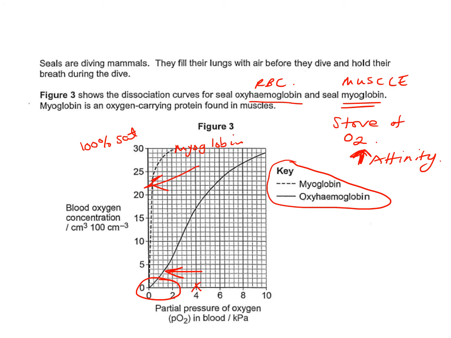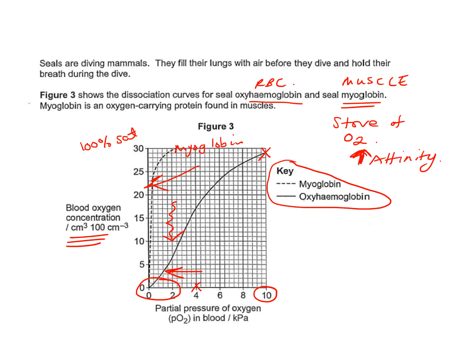And at a ppO2 of 10 kilopascals, there's lots of oxygen associated with oxyhemoglobin inside the red blood cells. And the oxygen from the hemoglobin will be released. So you can see here very low saturation, because the oxygen is being released from the oxyhemoglobin. And that oxygen is then going to be used in aerobic respiration.